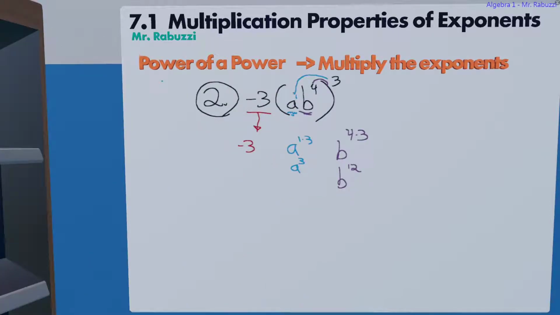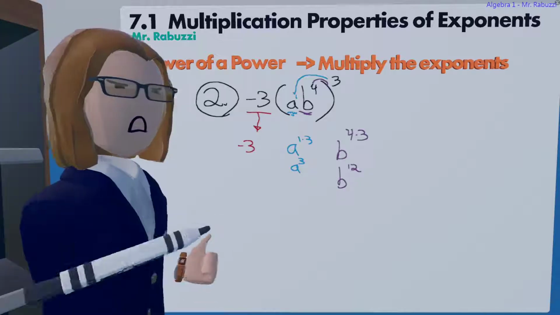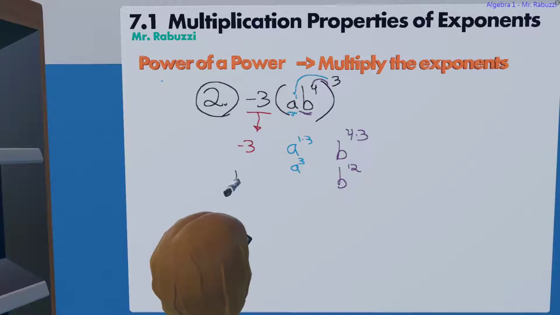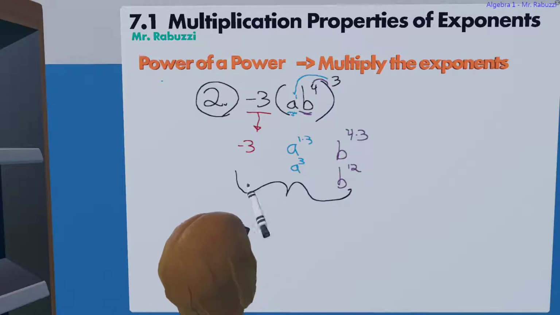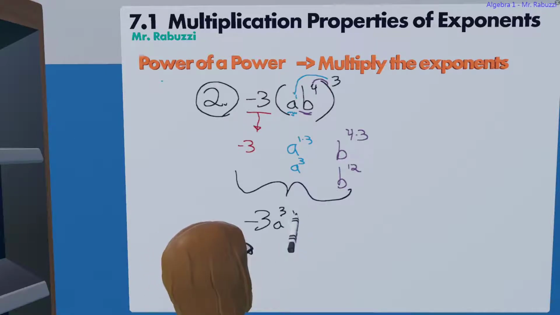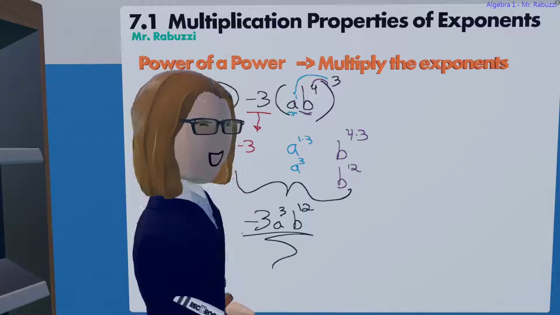Okay. Then we have all of our pieces. Let's just put them back together. We have negative 3 coefficient. We have base a to the 3rd and a base b to the 12th. Finished.